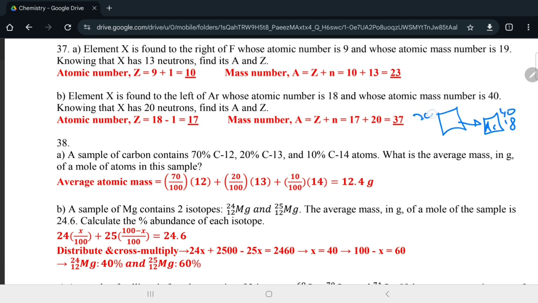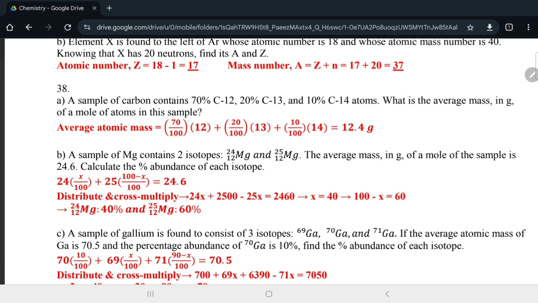This one has 20 neutrons, and we need to find the protons. If argon's protons is 18, the one to the left decreases by 1, so it's 17, and the mass number is the neutrons, 20, plus the protons, 17, which is 37.